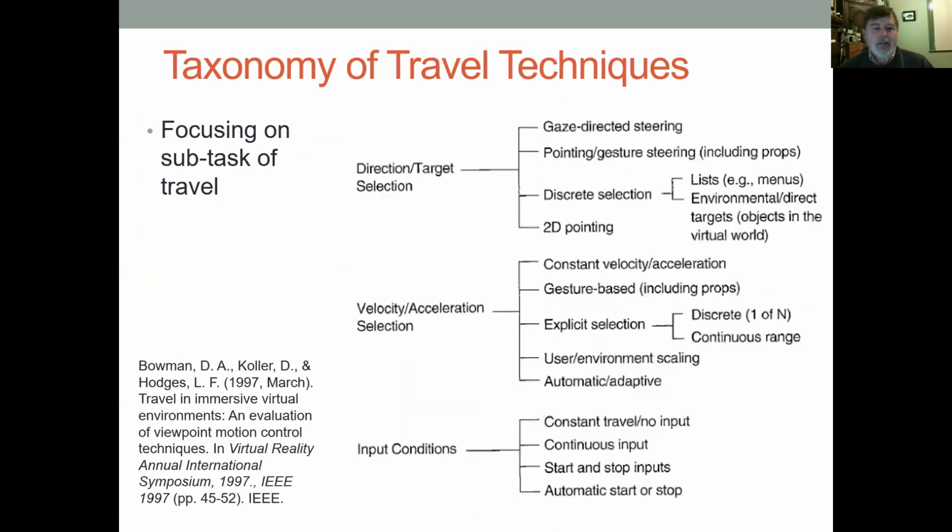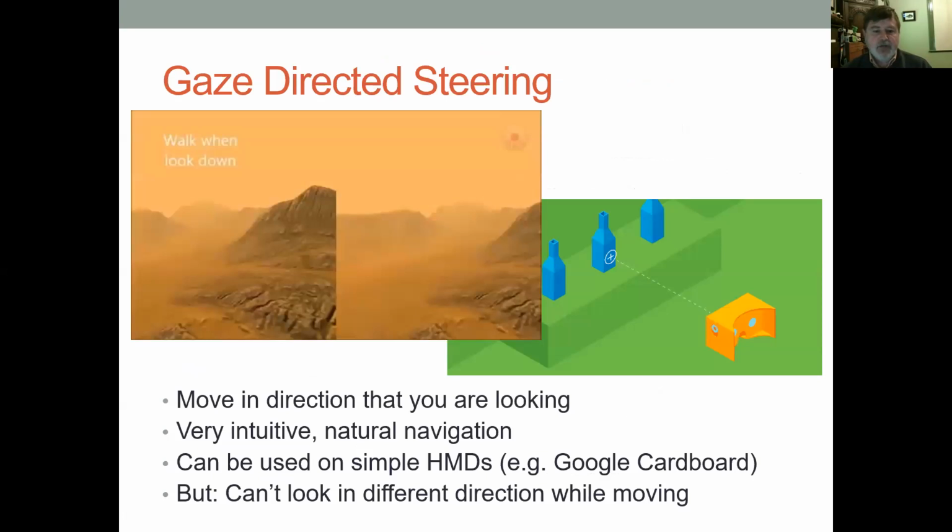Once again, we have a lot of choices for doing this. We have direction, task and target selection. We have how fast we're going to move, and then what sort of input conditions of control we have. Let's go through some of these. Gaze is probably the simplest.